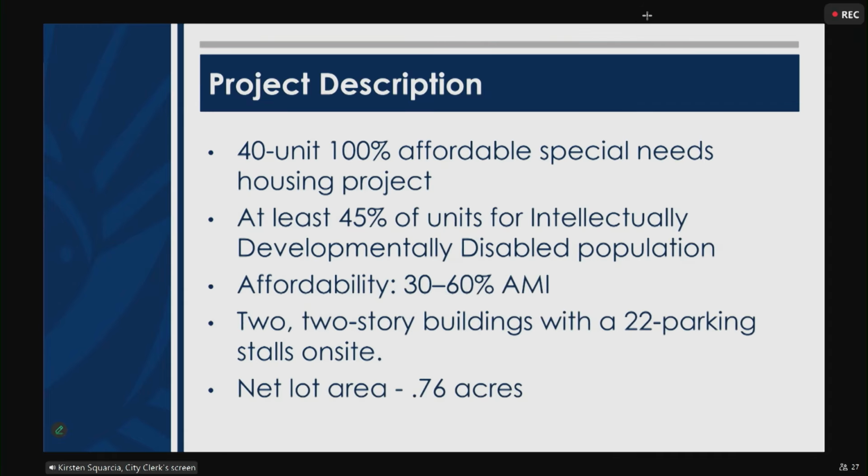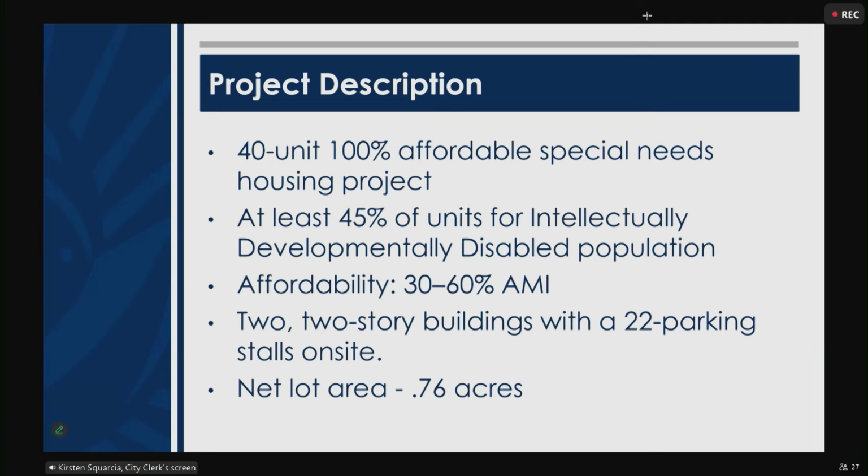The architectural site approval, the project description, and the project application have been consistent for the last 3 to 4 years. This is a 40-unit project. It's 100% affordable, primarily focusing on special needs housing as well as below market to very low-income housing as well. 19 of the 40 units, or approximately 45% of the units, are designated for the IDD population.